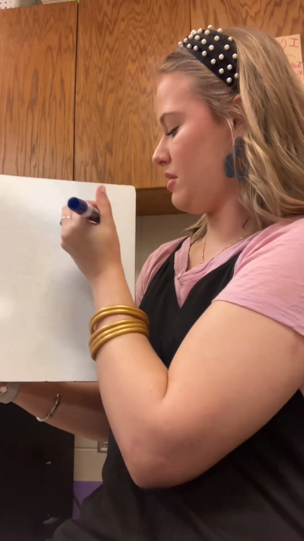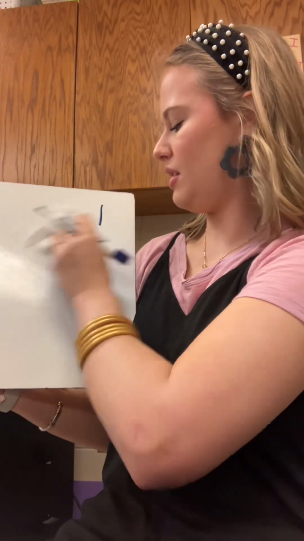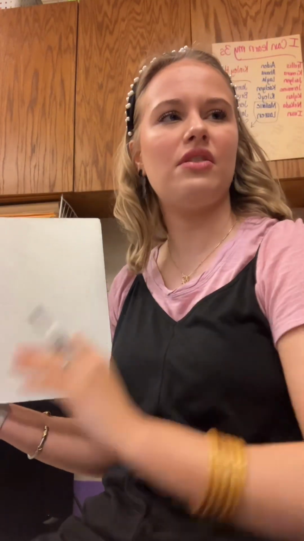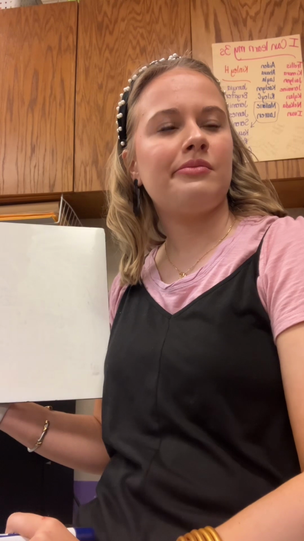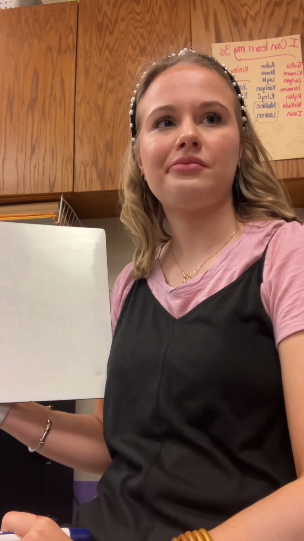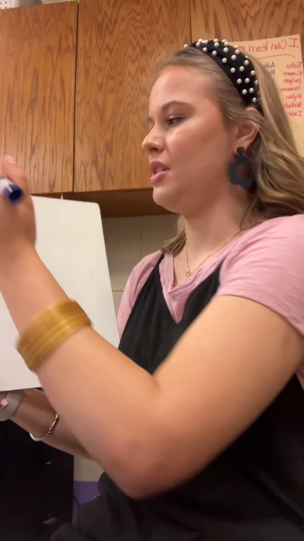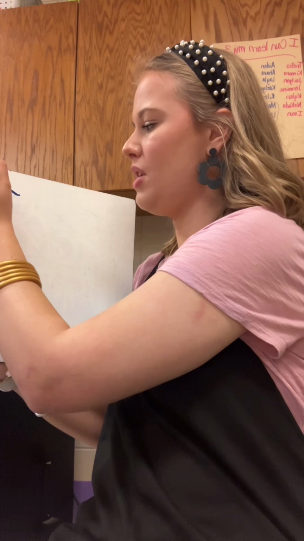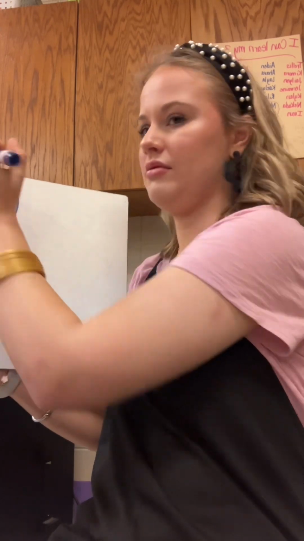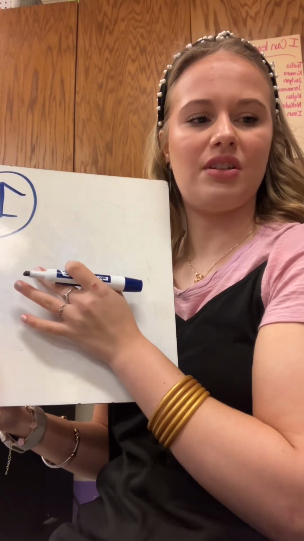It's going to be 1 over 4, right? So how can we turn 1 into fourths? We can add 3 more fourths. So we're going to put our 1 up here. So draw your 1 up here in the big circle because that's the number we're decomposing.